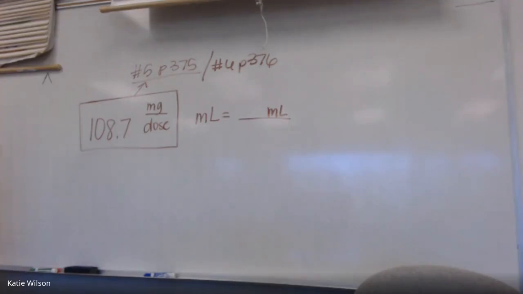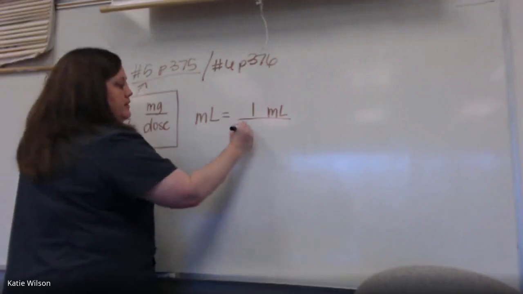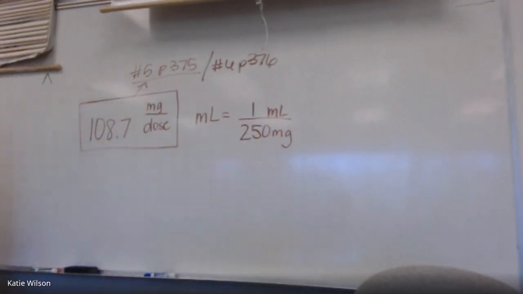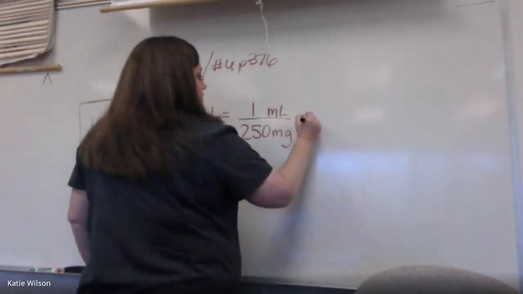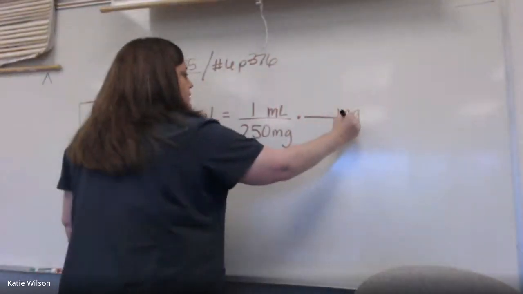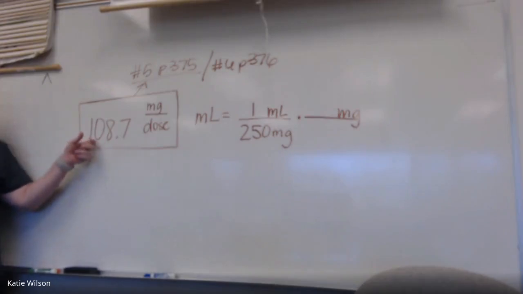And it tells us that we have a supply of vials that contain 250 milligrams per milliliter. So every 1 milliliter, I have 250 milligrams, right? Now, I want to cancel out milligrams. So this is where I'm going to take my answer from number 5. I'm supposed to give 108.7 milligrams for every dose, right?